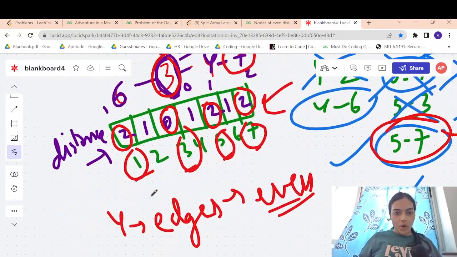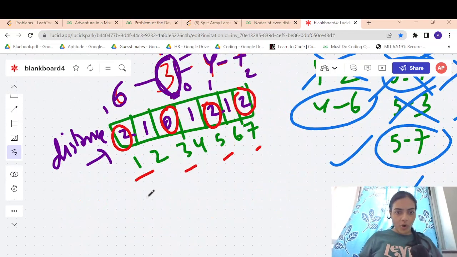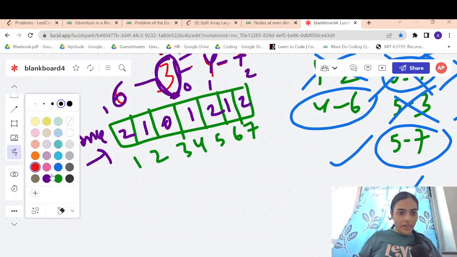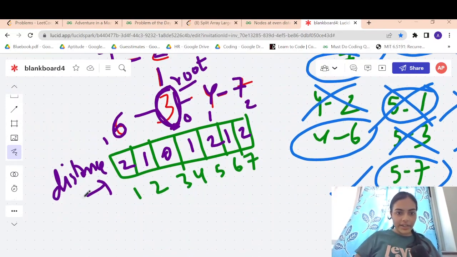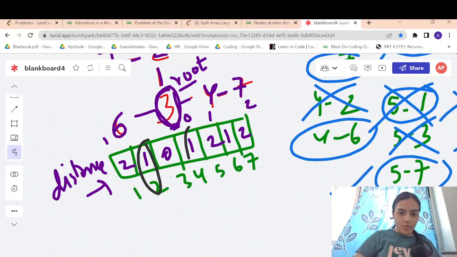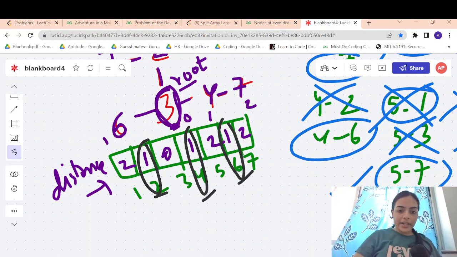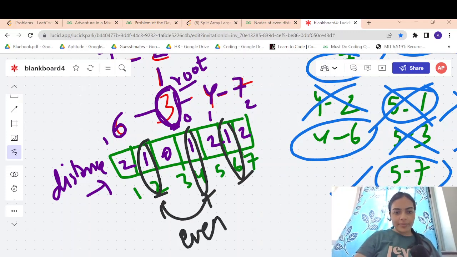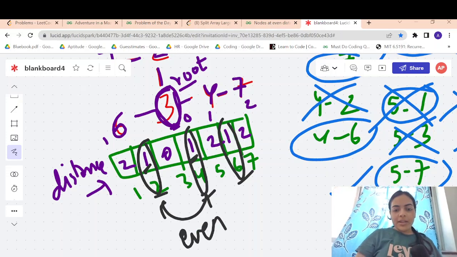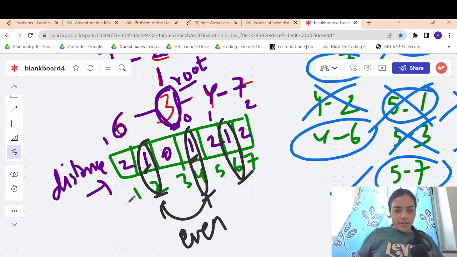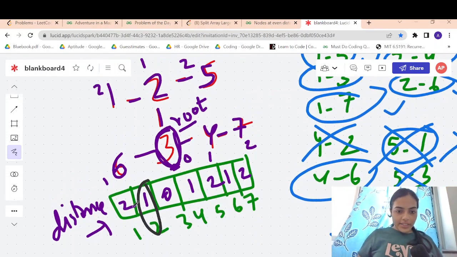Now let's see for the odd edges. This will work even for odd edges. Now let's see all the nodes which are at odd distances relatively from each other. So node 2, node 4, node 6, all are at odd edges relatively. See what does it mean? Let's see the example.